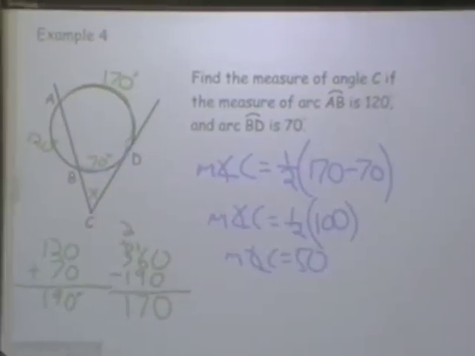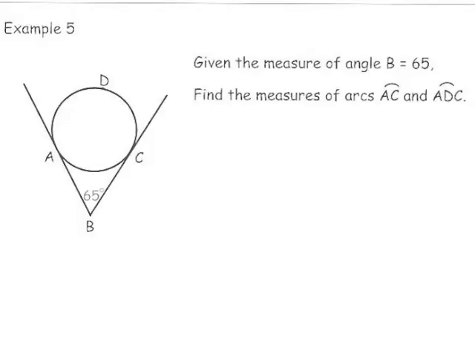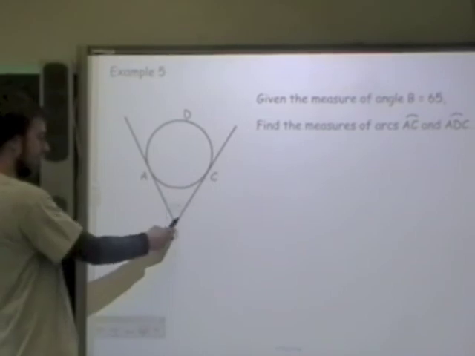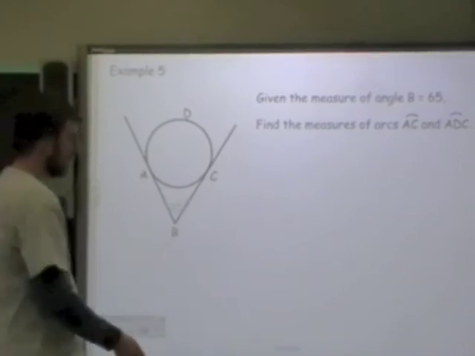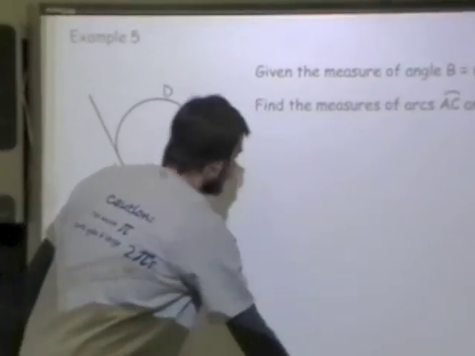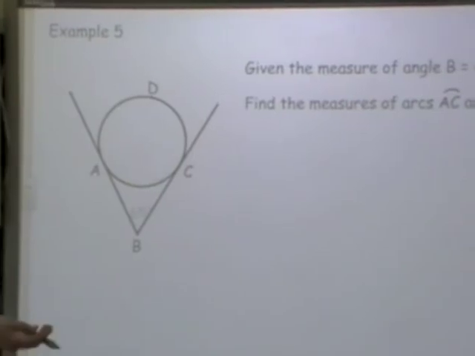And for our final example, I've got a tricky problem here. Two tangents, we have an angle given, and that is all that's given. So we want to find the measures of arc AC and arc ADC, given that this angle, angle B, is 65 degrees. This one's tricky because we have no arcs with our formula.